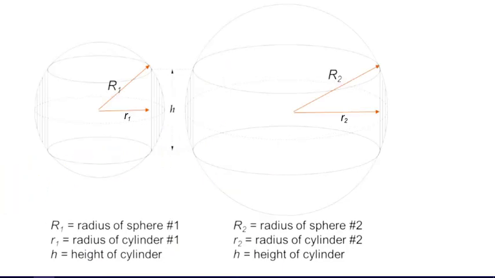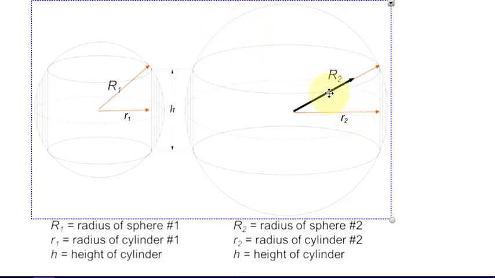Let's look at it a little bit more. So here's the same two spheres, different radiuses. Big R1 is different than big R2. It's completely obvious that the sphere on the left is smaller, right? This radius is absolutely completely different than that radius, right? They're obviously different lengths.